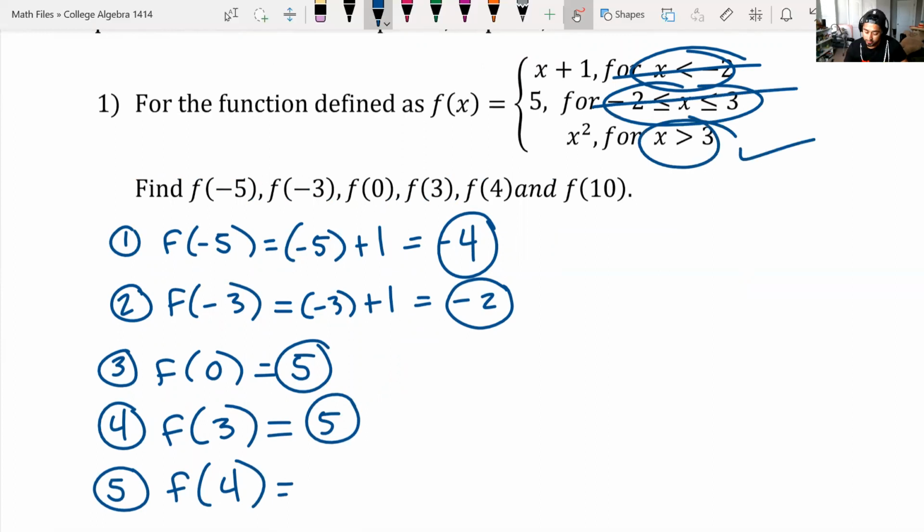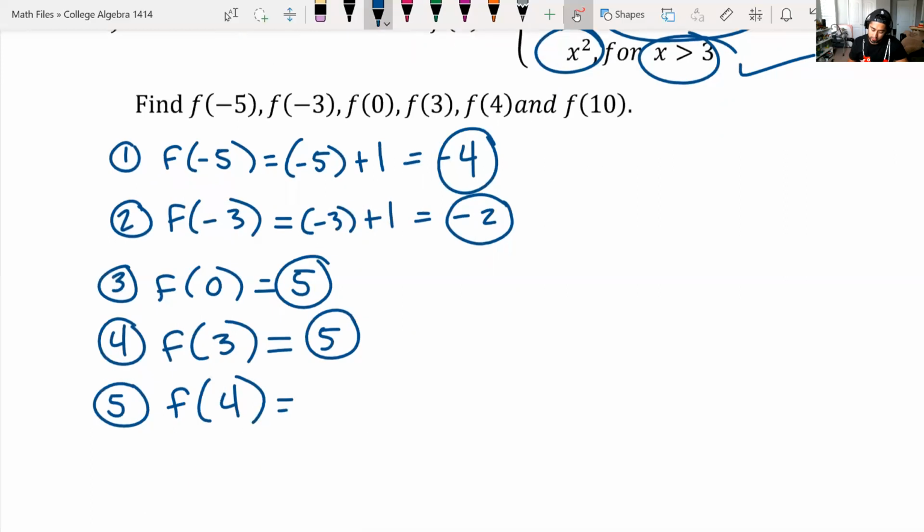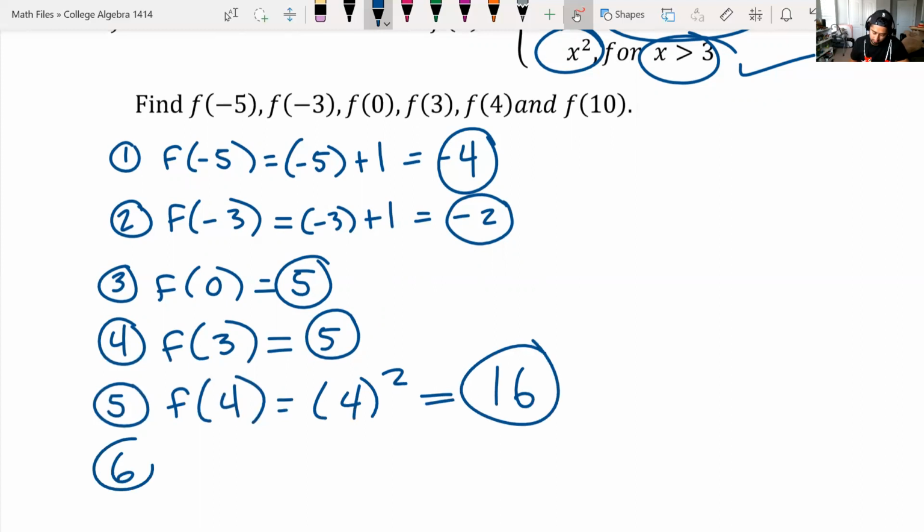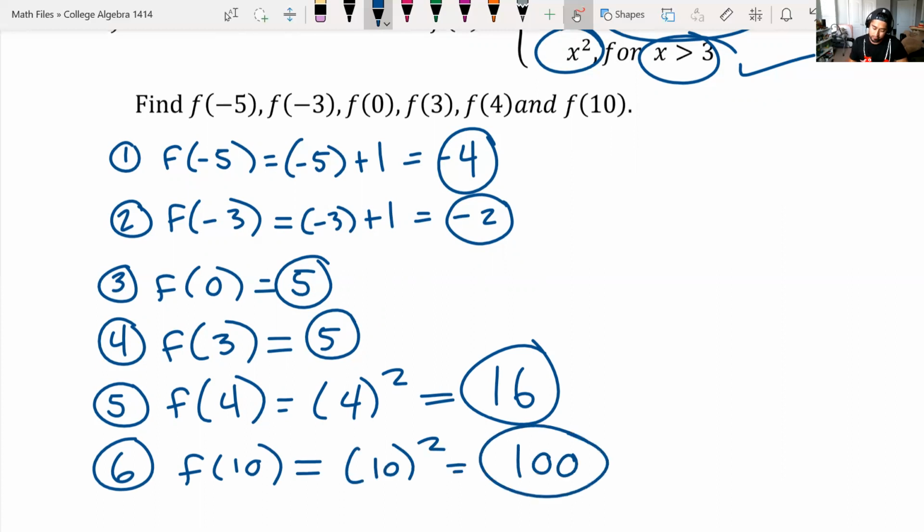Yes, which means we get to use x squared. So we'll get 4 squared, which will give us 16. Last one is f of 10. 10 is definitely bigger than 3. So once again, we get to use x squared, which we get 100.